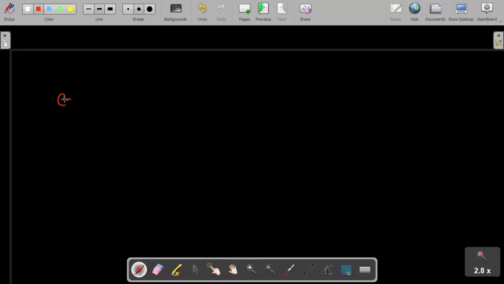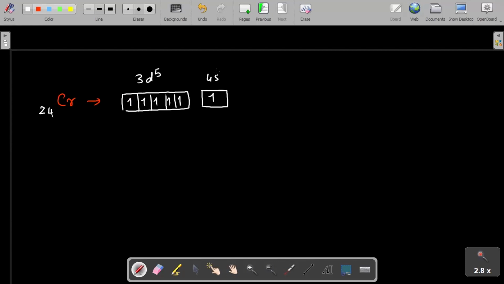Chromium, Cr. The atomic number for chromium is 24. So it is d5, 4s1 configuration.